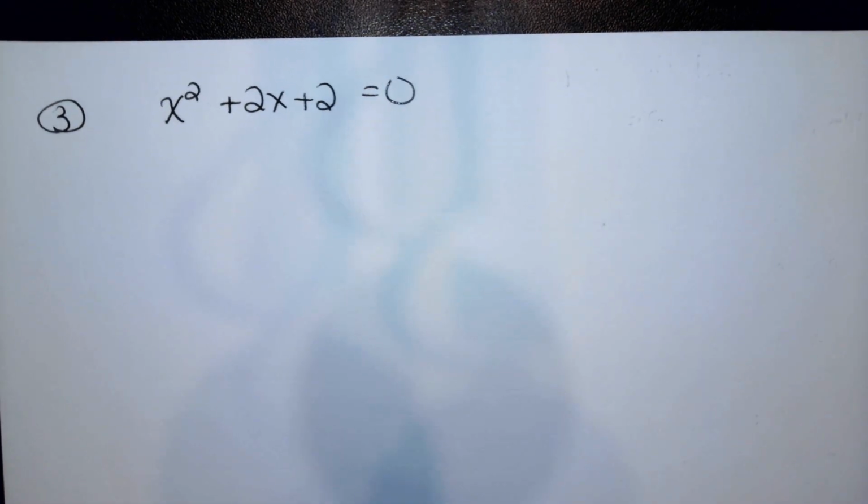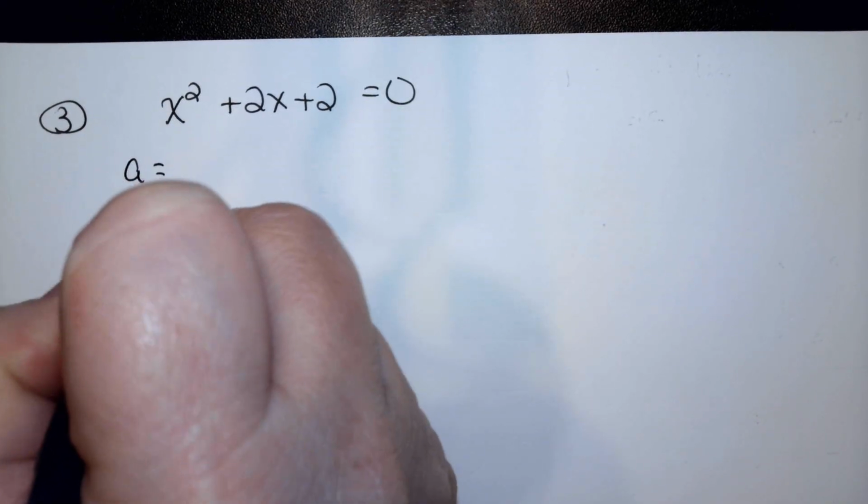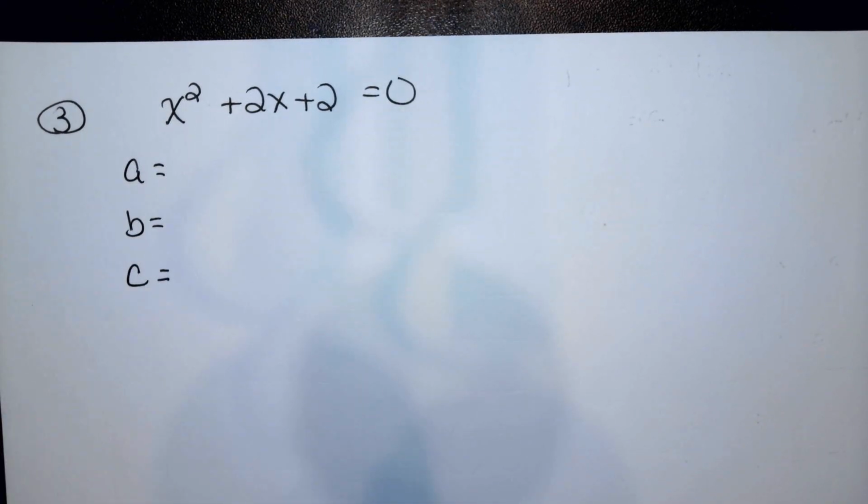All right, so let's say that we're given x squared plus 2x plus 2 equals 0. All right, so writing down our A, B, and C. Our A value is 1.